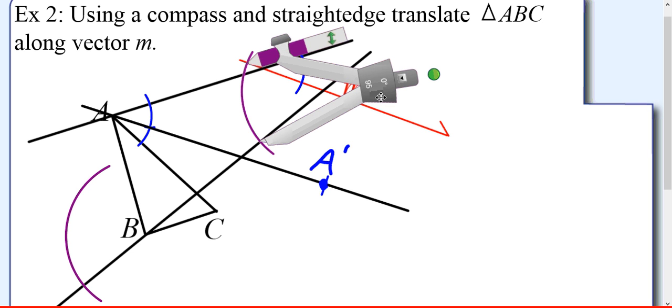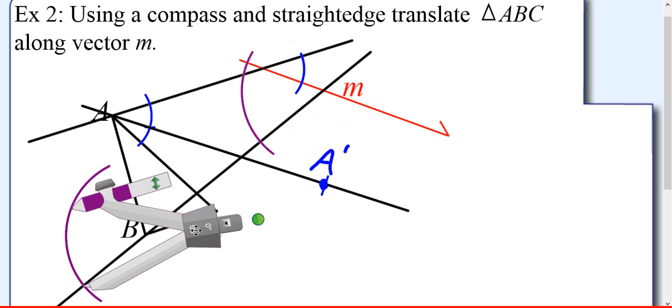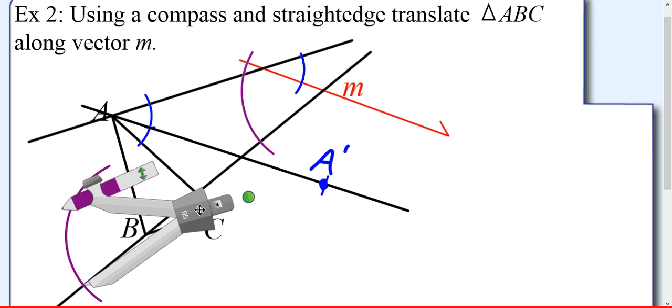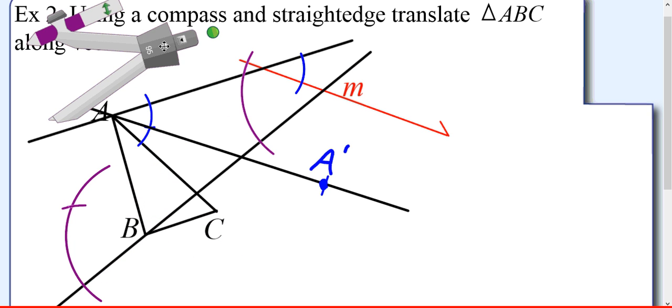I almost messed up and went to the wrong point. Once you've got that length, you take it back down here to the purple arc, and you've got your intersection, and from there through B. I think that looks a little bit better than the first one we did.